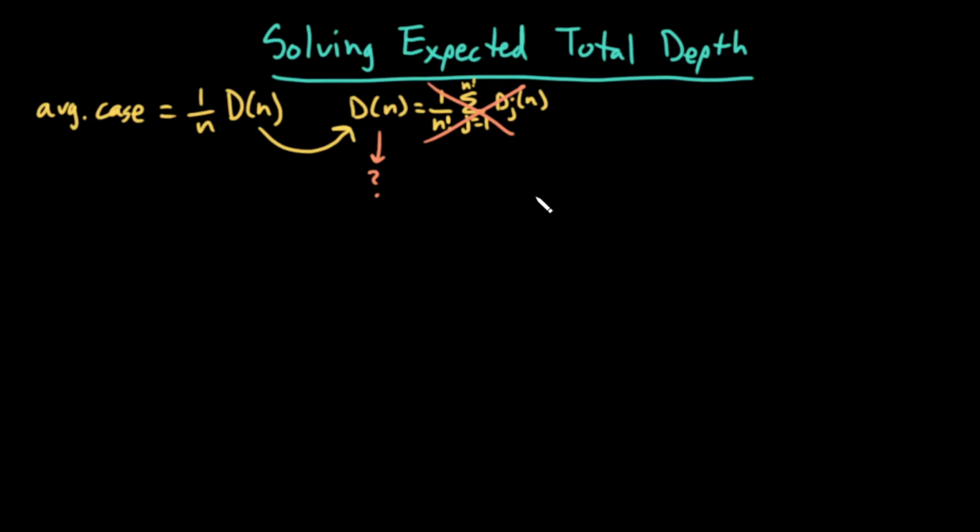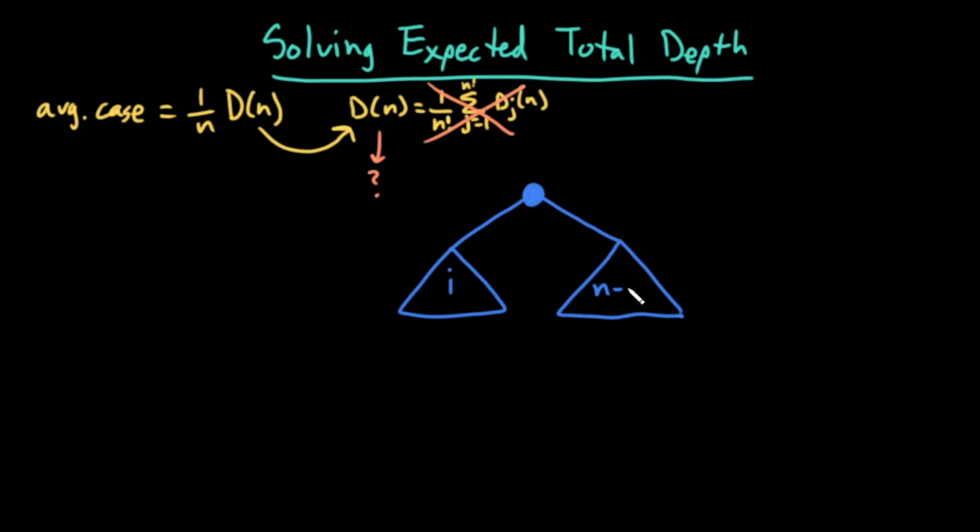Let's try to think of a general scenario. Let's imagine a binary search tree that has n nodes in it. It has a root, and let's say it has I nodes in its left subtree. If it has I nodes in its left subtree, it must, by definition, have n minus I minus 1 nodes in its right subtree, because remember, there are n elements total, so 1 plus I plus n minus I minus 1 is n total.